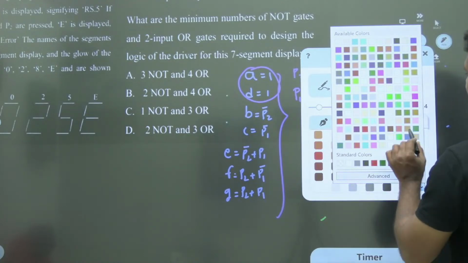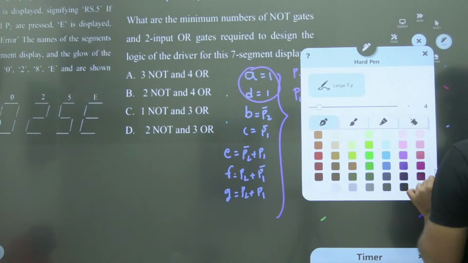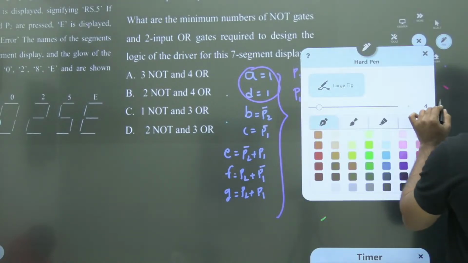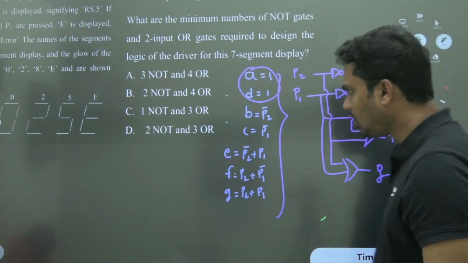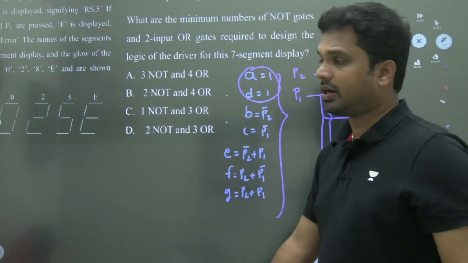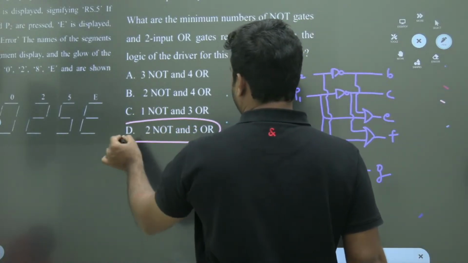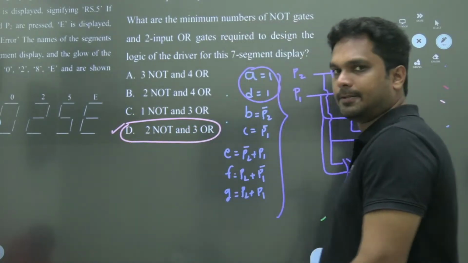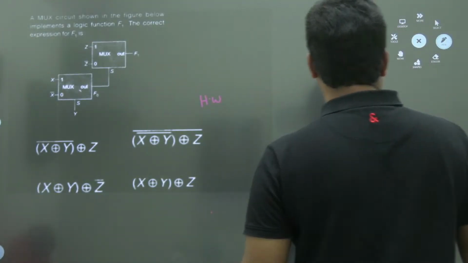I'm just finding a better color to be represented on this board. Okay. So you require 3 OR gates and 2 NOT gates. Thus, this is given as a homework in the last lecture.